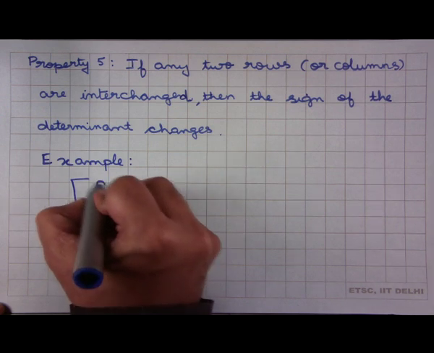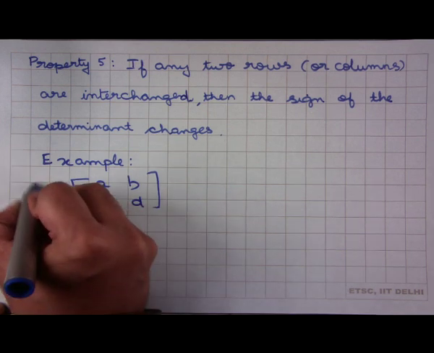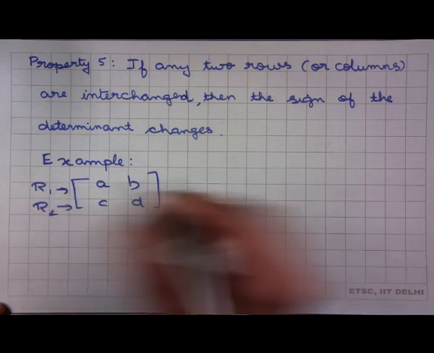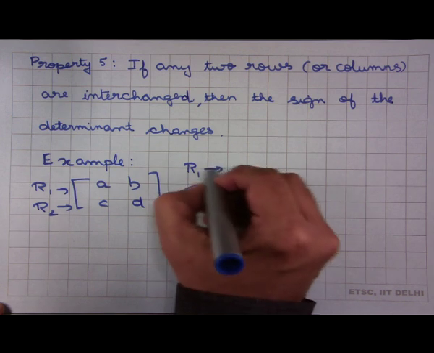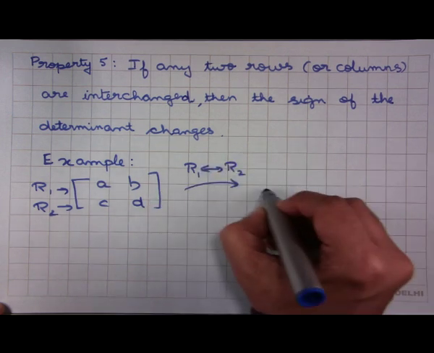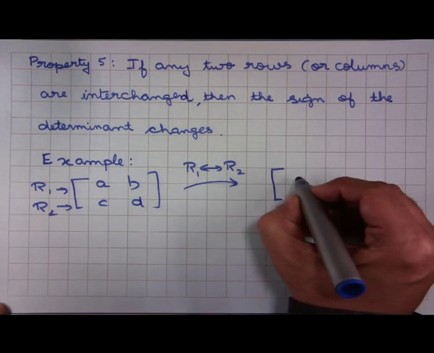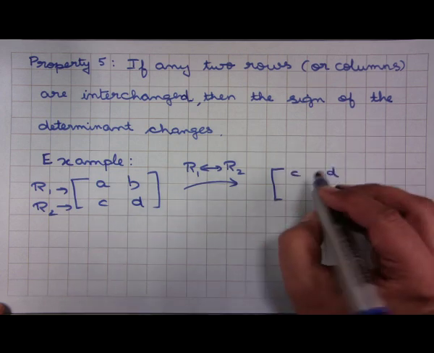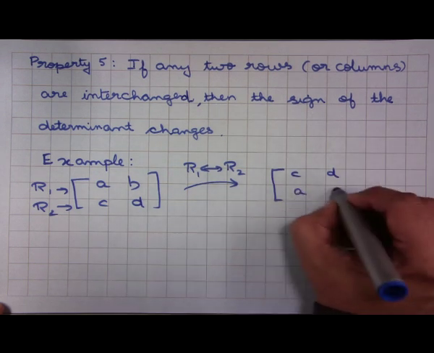So, we have our 2 by 2 matrix A, B, C, D. Let us call this row 1, let us call this row 2, and the transformation that we are doing is that we are interchanging R1 and R2. So, what happens when we interchange R1 and R2? Instead of row 1 being A, B, we have row 2, which is C, D, and instead of C, D, we have A, B.